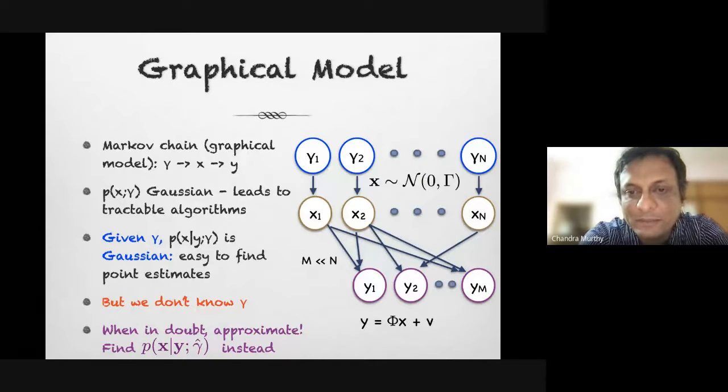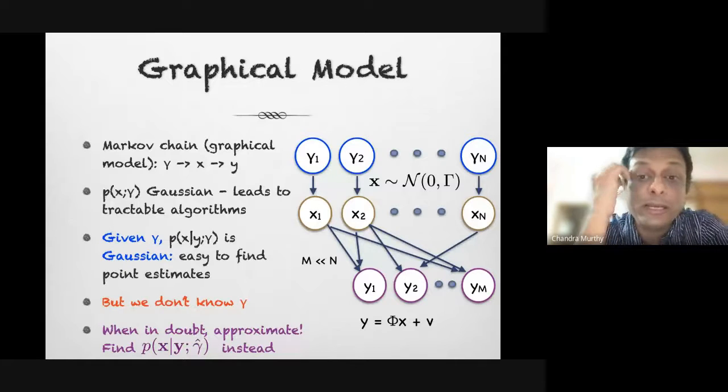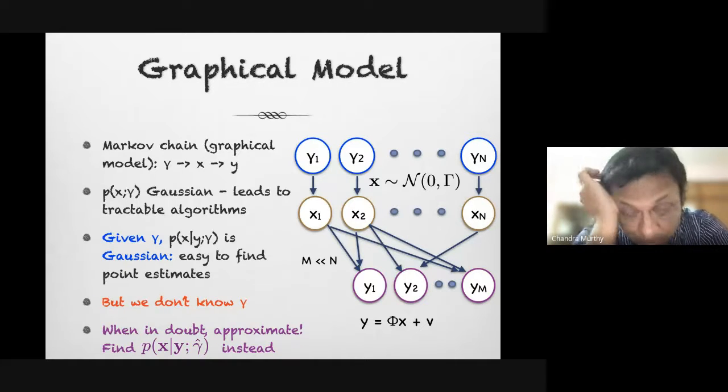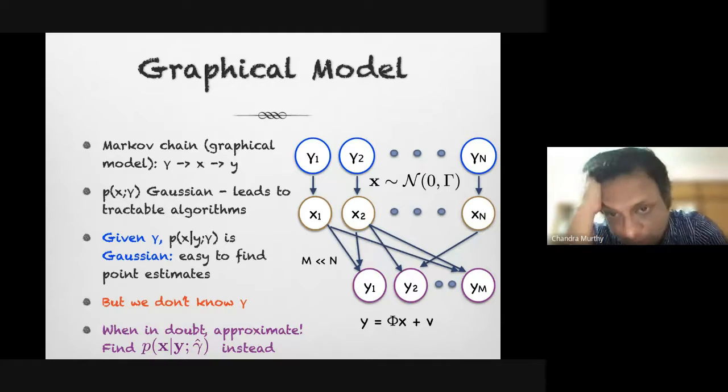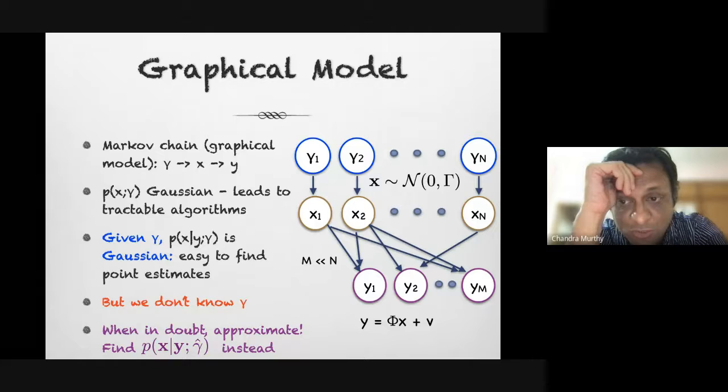And these parameters gamma 1, gamma 2 up to gamma n are themselves also potentially random variables. And so you have one instantiation of gamma 1 to gamma n drawn from some distribution, and each of those gammas induce an instantiation of x1, x2 up to xn. And then these x1, x2 up to xn induce a distribution on y1, y2 up to ym, because y is related to x via y equals phi x plus noise.